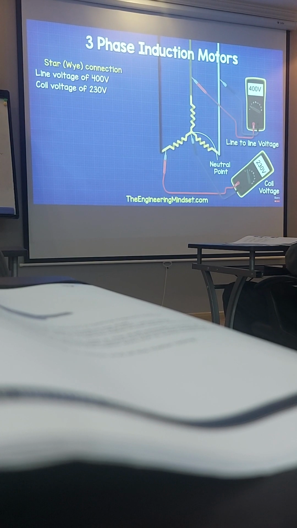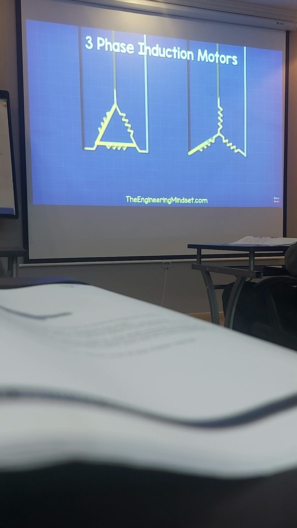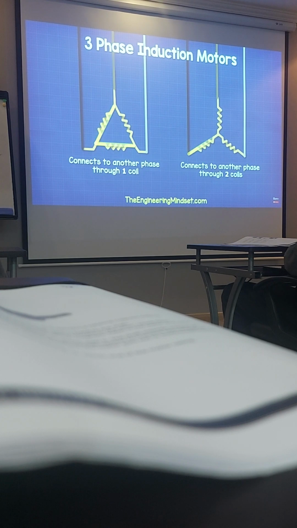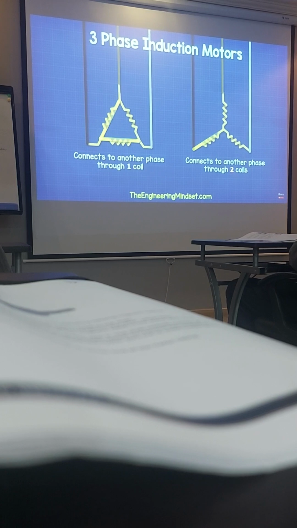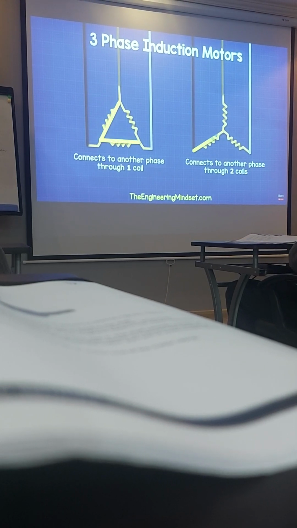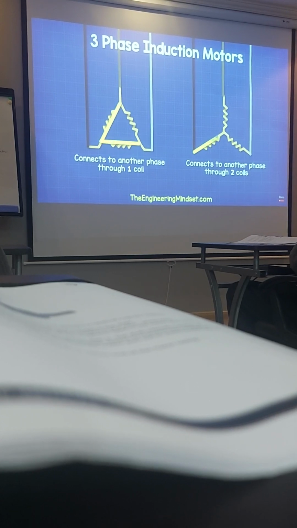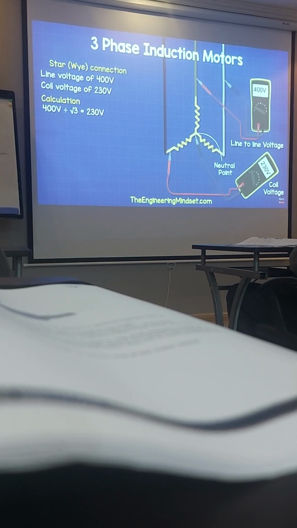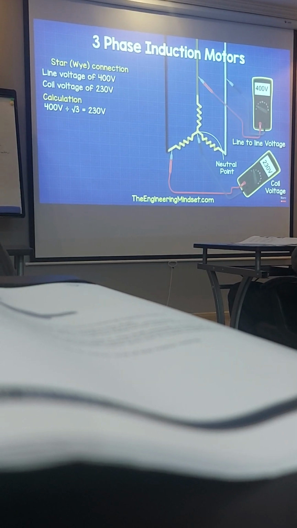So this time, when we measure the voltage across the ends of any coil, we get a lower voltage of 230 volts. That's because the phase isn't directly connected to two coils, like in a delta configuration. One end of the coil is connected to a phase, but the other is connected to a shared point. So the voltage is therefore shared. The voltage is less, as one phase is always in reverse. We can calculate this by 400 volts divided by the square root of 3, which is 230 volts.